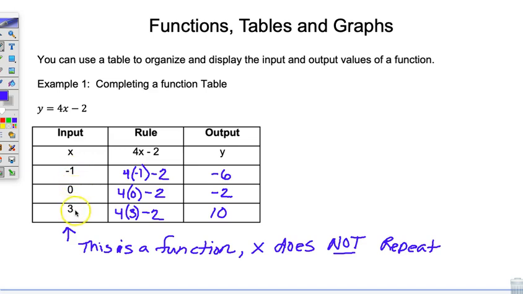If none of them repeat, you know you have a function. What would also happen if we graphed this, it would be a complete straight line. So I would also be able to tell it was a function if I graphed it. But a really quick way just looking at a table is just to see if your x values repeat. It's okay if the y values repeat, but not the x values. So this is a function.